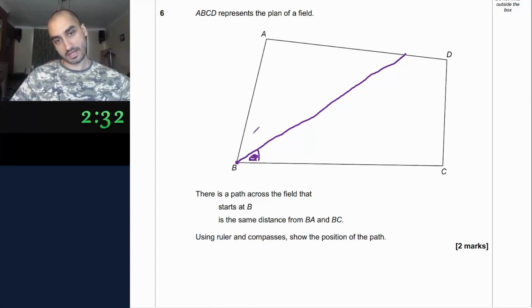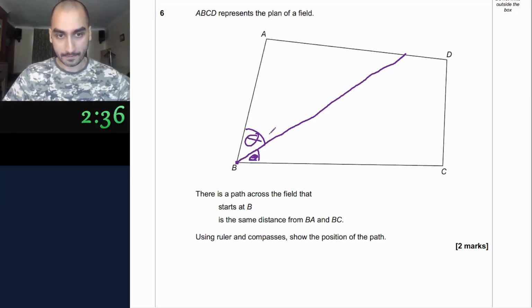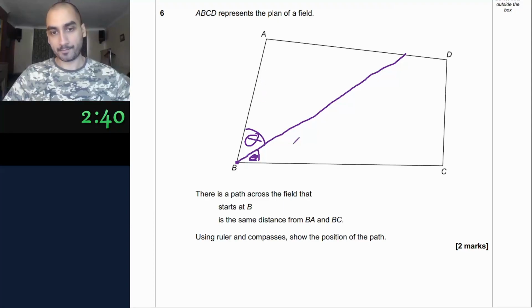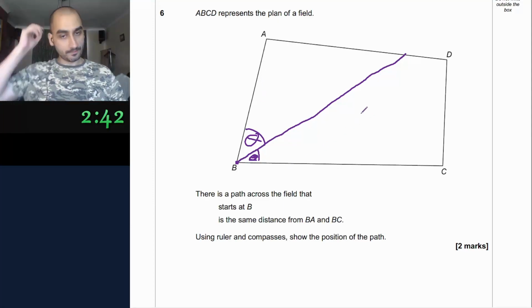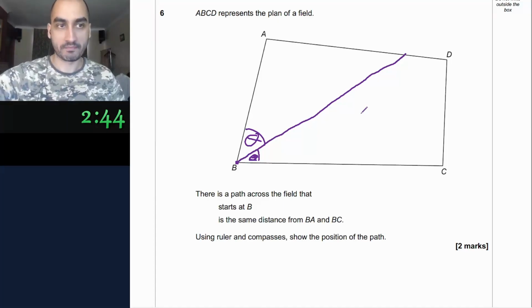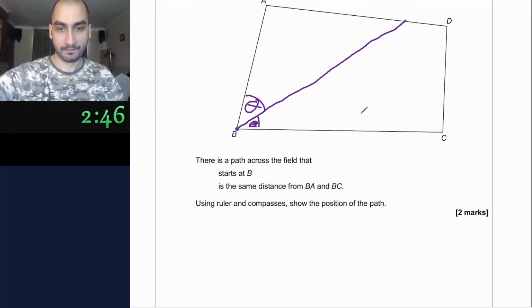Just indicate that that is the same as that. Pretend I used ruler and compass for that.